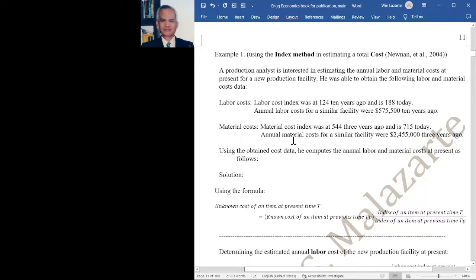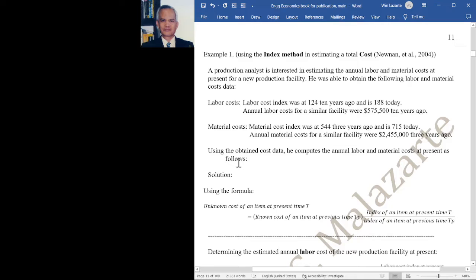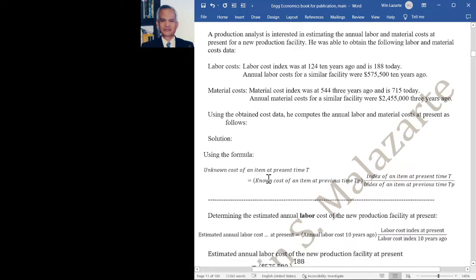And the annual material costs for a similar facility were $2,455,000 3 years ago. Using the obtained cost data, he computes the annual labor and material costs at present as follows.